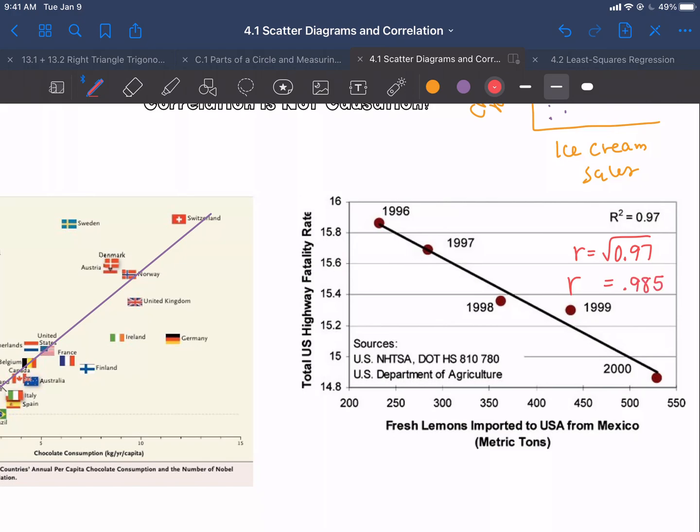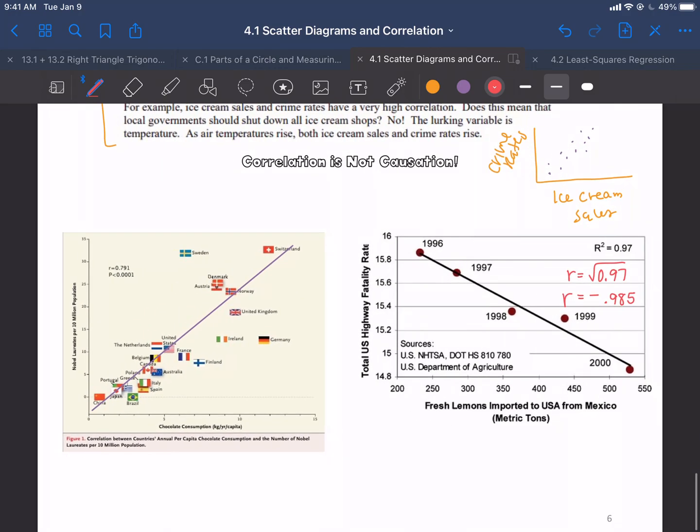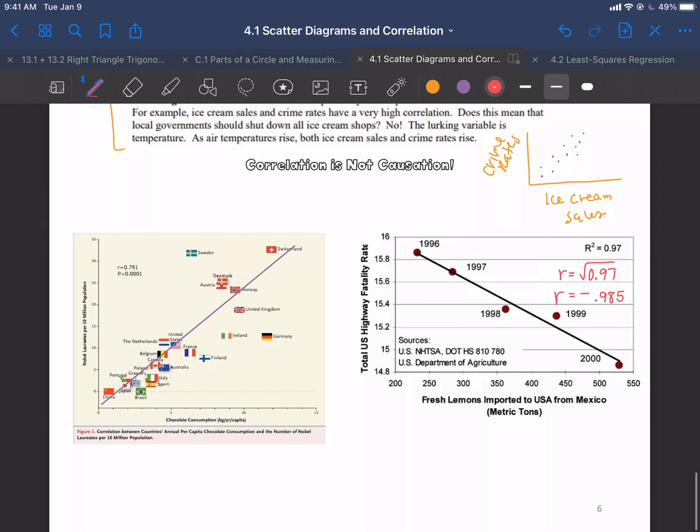But I want to be clear here, we know this is a negative correlation because it has a negative slope, so our R value would be negative. Okay, so there's a very strong negative correlation there with an R value of negative 0.985. All right, so there's a little bit of information about some scatter diagrams and what the correlation coefficient tells us.